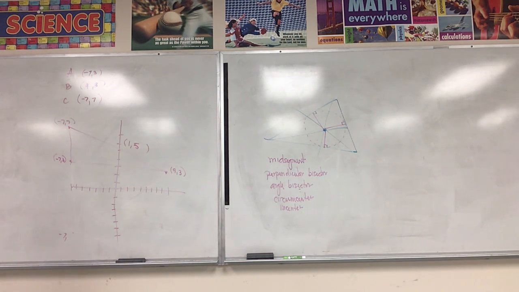Correct, 37. 38, Alexander. 60. 60. 39, Caleb. 50. 50. 40, Shyler. Is it 10? 10, very good. 41.